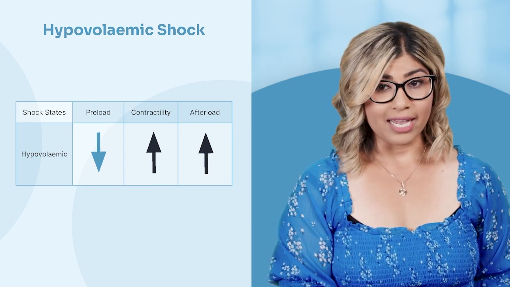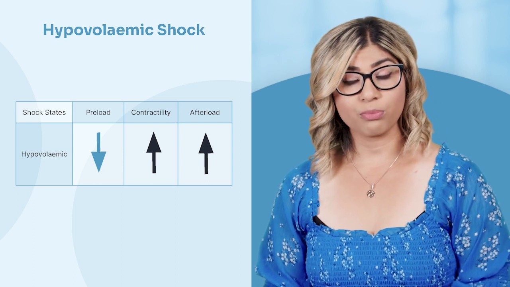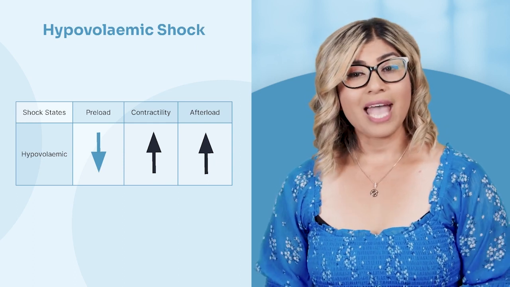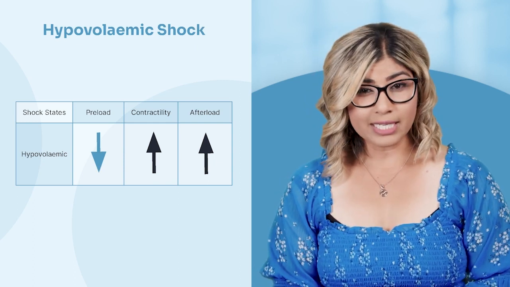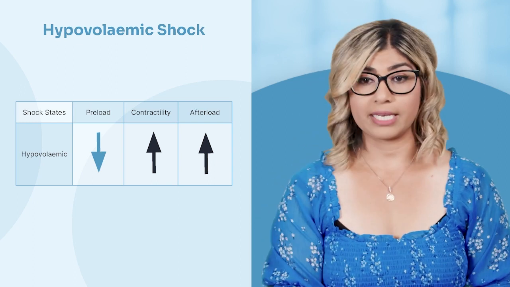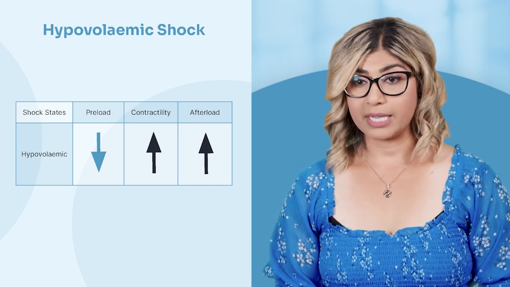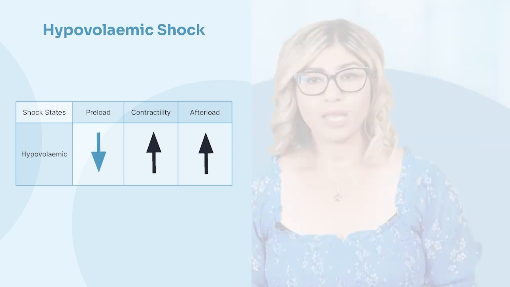An empty tank leads to a non-functional pump, therefore a secondary problem of contractility, and this leads to the pipes tightening up, resulting in afterload becoming a compensatory mechanism. The pump will also speed up as a compensatory mechanism, so your heart rate will go up.